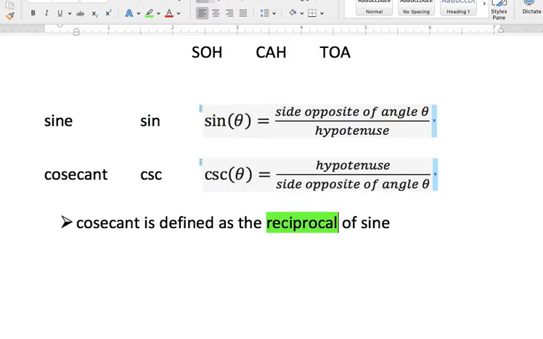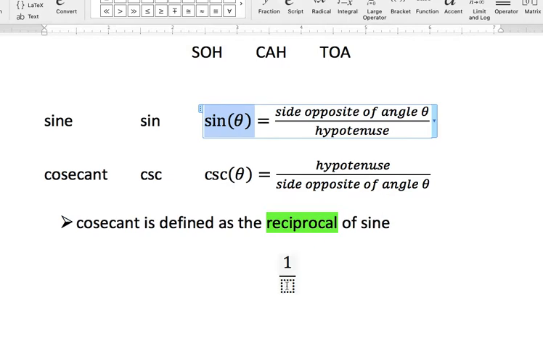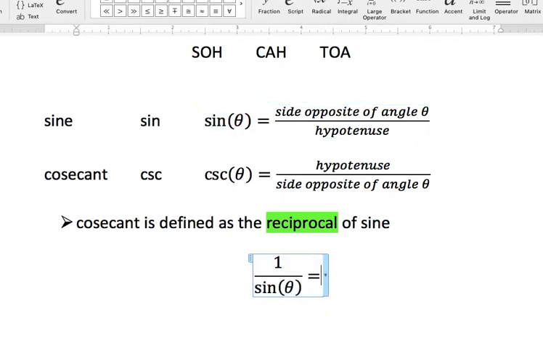All right. Another way you can think of this word reciprocal, which once again describes the relationship between sine and cosecant, is that if you have 1 divided by sine of theta, that would equal your cosecant.